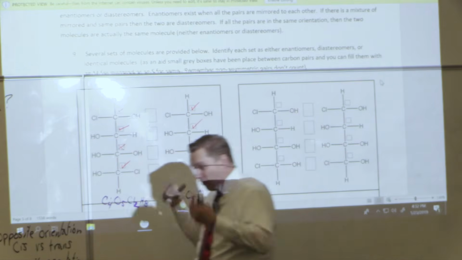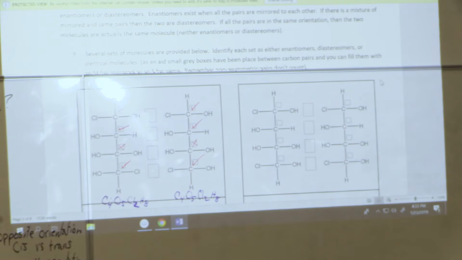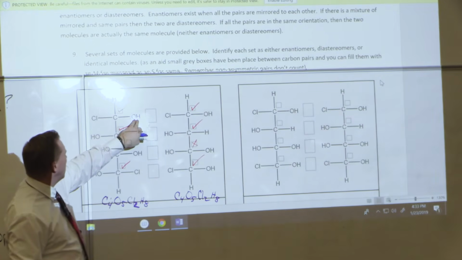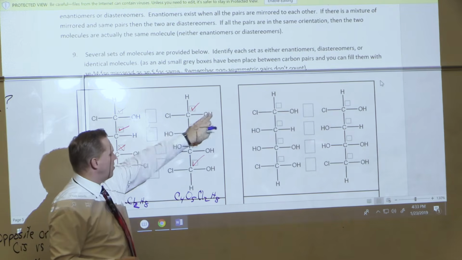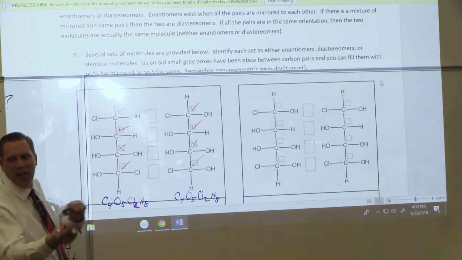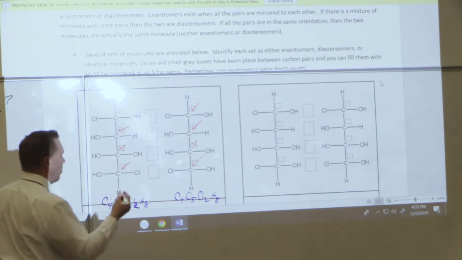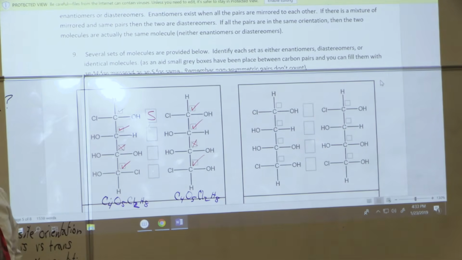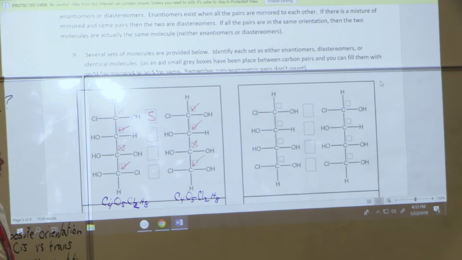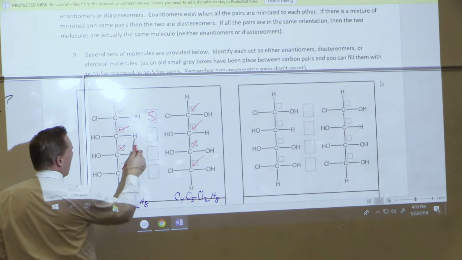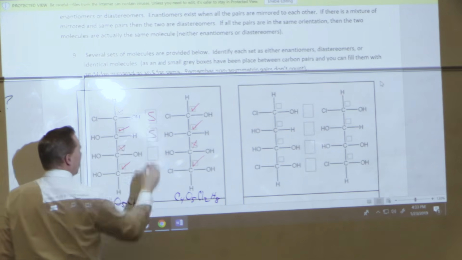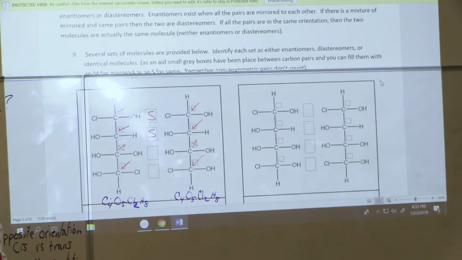Now, all I have to do, I've identified my chiral centers. Now all I have to do is look at the orientation of those chiral centers. So up here, I've got an OH here on the right. My OH is there on the right also. Those are the same sides for that particular group. So that has the same orientation between that asymmetric pair. Right here, I've got an OH on the left, OH on the left, also the same orientation.